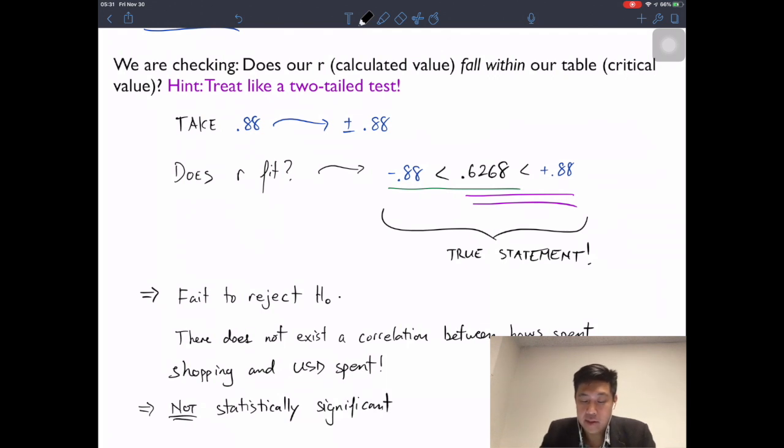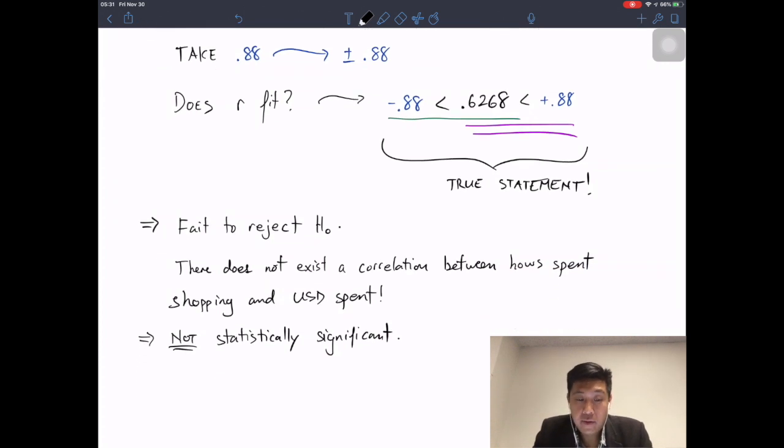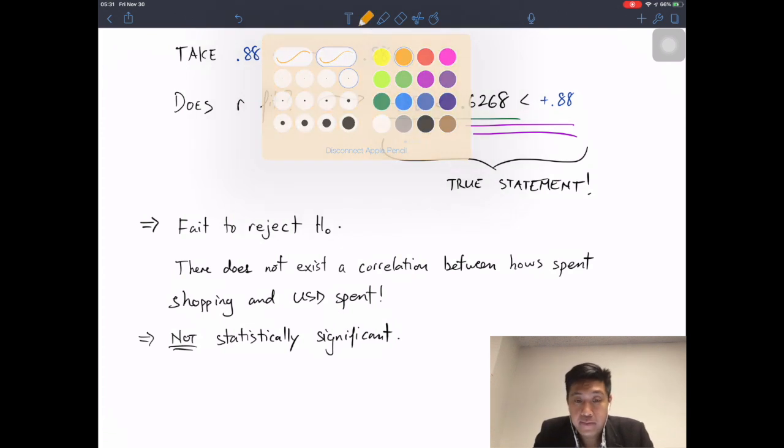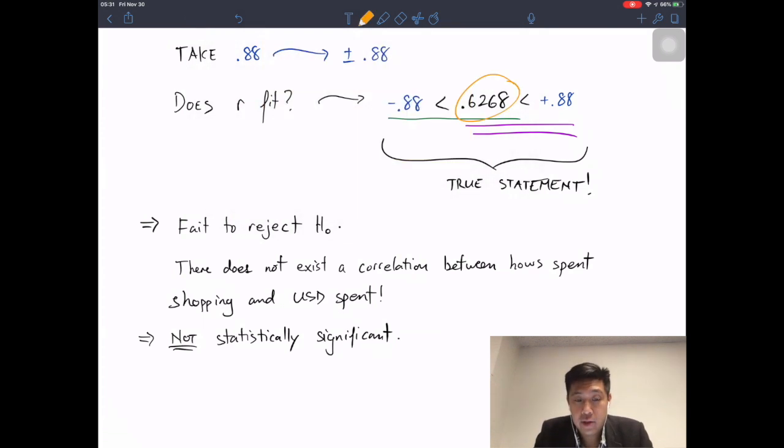Right? Because what happens is that what I've described before, this black number right here, 0.6268, falls within range of our table value between negative 0.88 and positive 0.88. Depending on the regression problem you have, you're going to have different things, right?